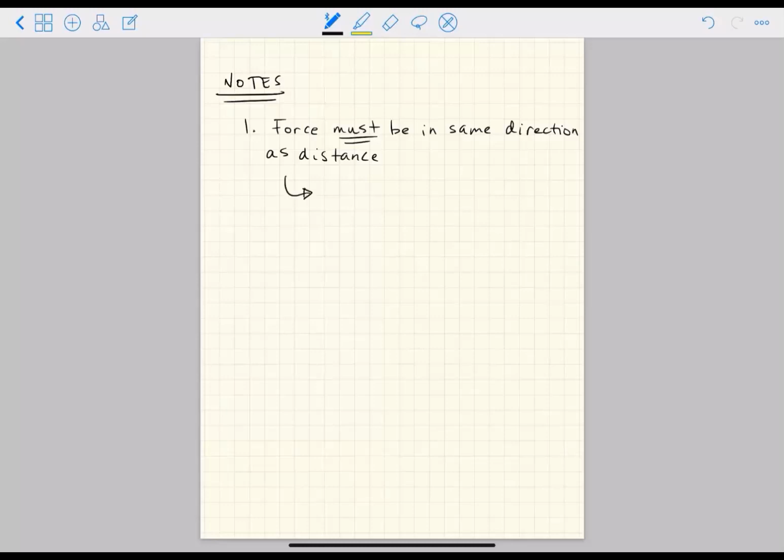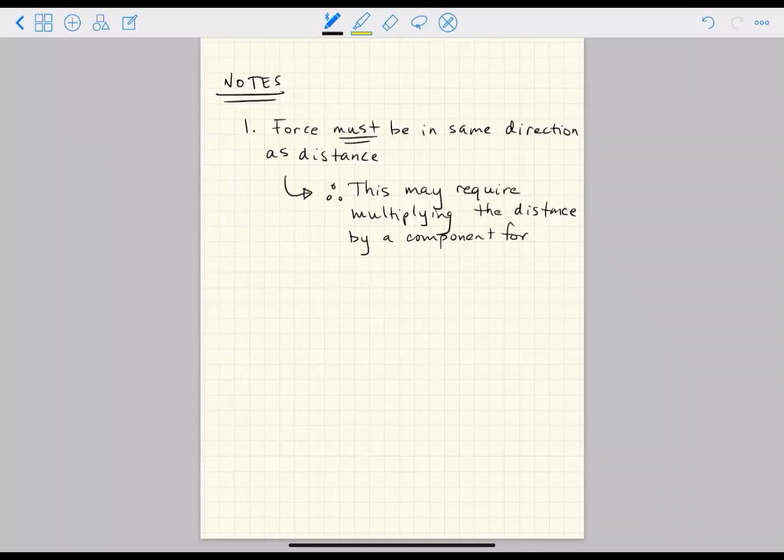So as I just stated then, therefore, this may require multiplying the distance by a component force. As I said, that just means taking the component so we get a direction that is the same direction as the motion.